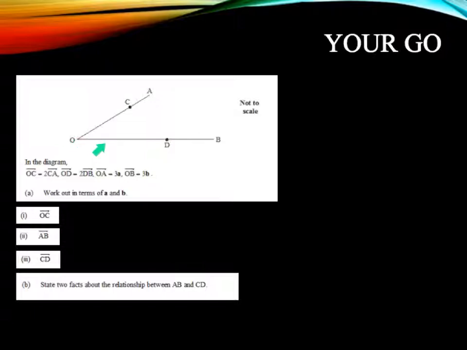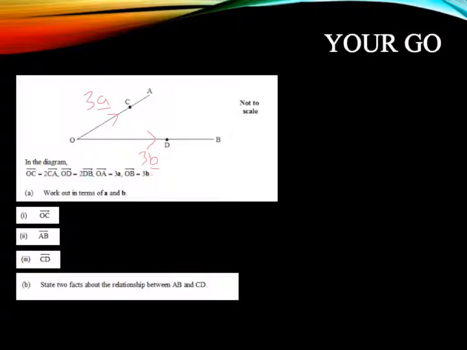Well, we know that O to D is the same as 2 lots of D to B. And that O to A is described as the vector 3A, all the way along. And we also know that O to B is defined as 3B, all the way along.